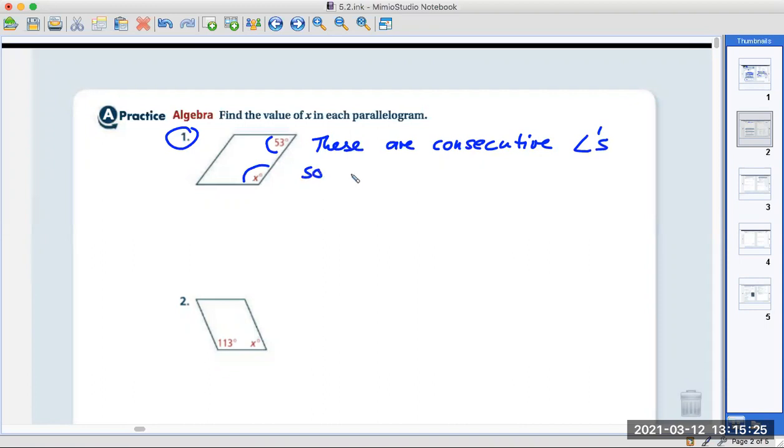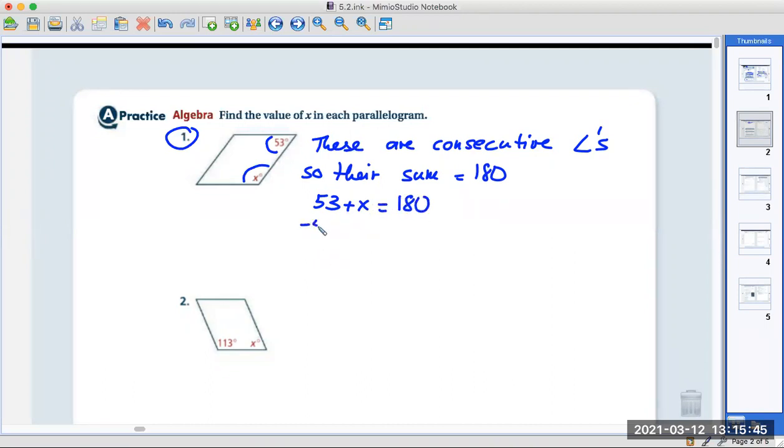So we just learned on the previous page, their sum equals 180. So the sum means if I add 53 plus the X angle, it has to be 180.